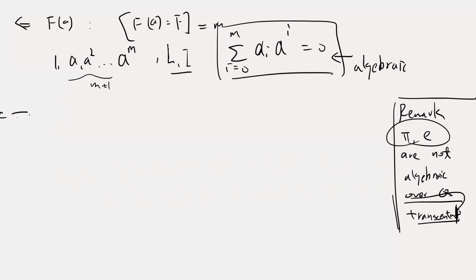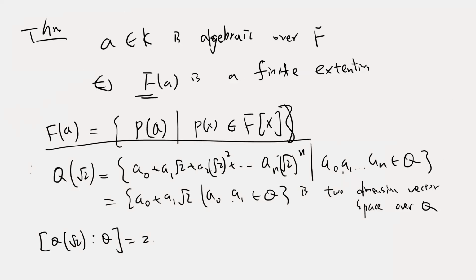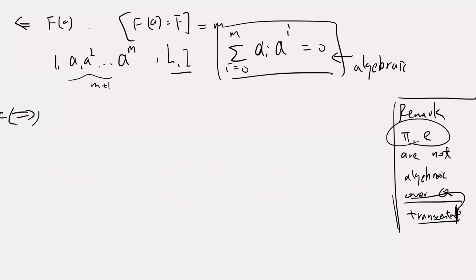Okay, how about the other direction? We hope to show that if A is algebraic over F, then F adjoin A is a finite extension. How do we do this?